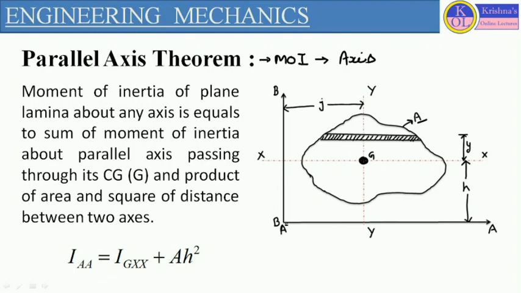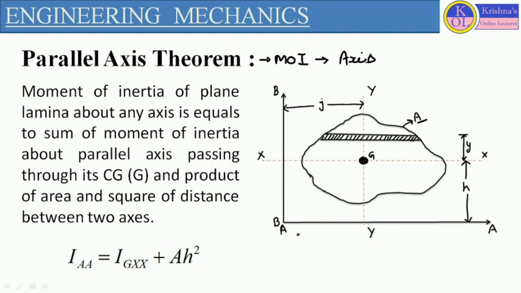Now let us consider another axis, axis AA. You can see this axis is parallel to x-x axis, and another axis, axis BB, which is parallel to y-y axis. So here we will consider the distance between these axes.